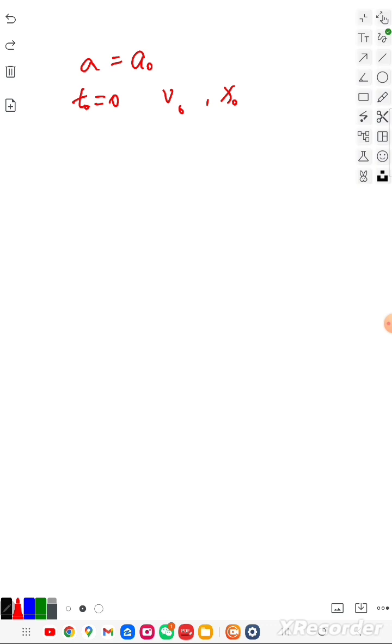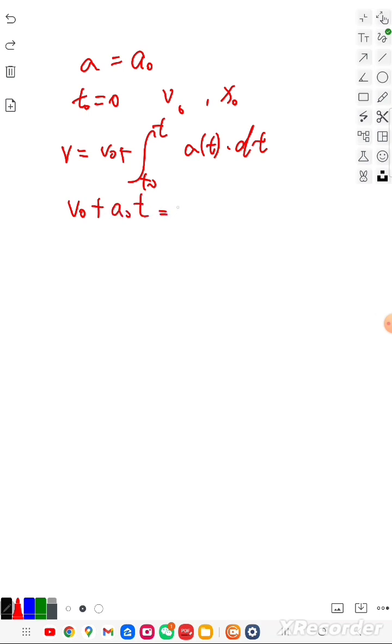Then we can see from the previous video that v equals v0 plus the integral of a(t) dt, so v0 plus a0t equals v, right?